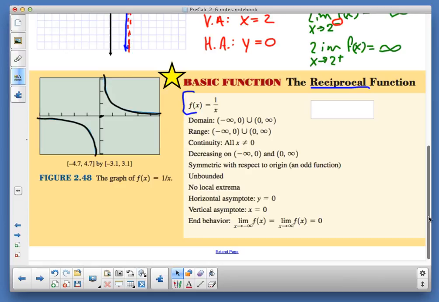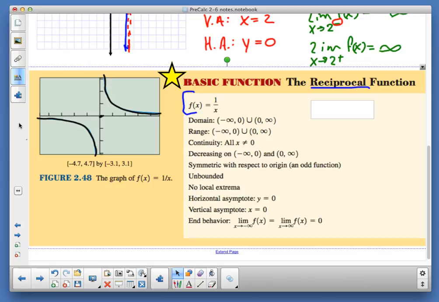It's continuous along its entire domain except for its asymptote at x equals 0. It's decreasing all the time from -infinity to 0, and from 0 to positive infinity. It's symmetric with respect to the origin, or we can say it's odd, because it's got origin symmetry. As we rotate it 180 degrees, it comes back to itself. It's unbounded. There's no local extrema.